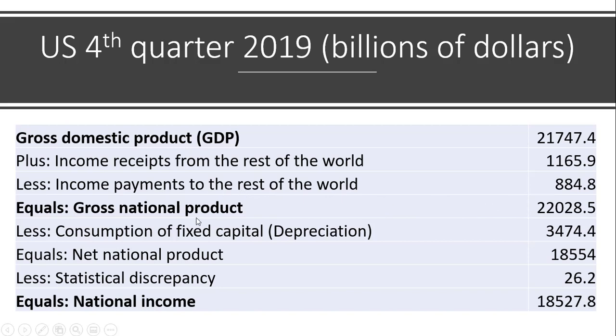You subtract depreciation, or what the Bureau of Economic Analysis calls consumption of fixed capital, and you get net national product. Net national product would equal national income without data measurement errors. So subtracting out statistical discrepancy, sort of a plug here, national income equals the following.